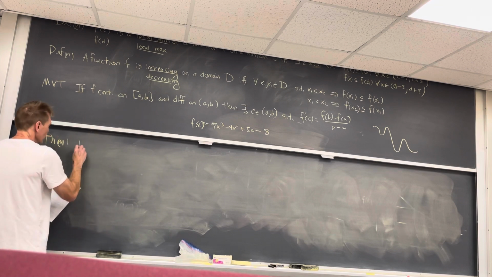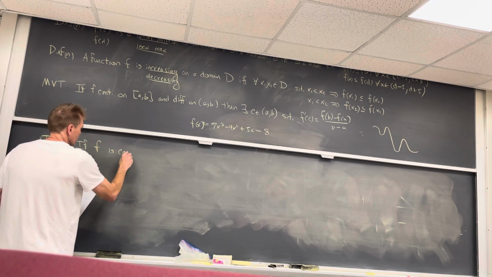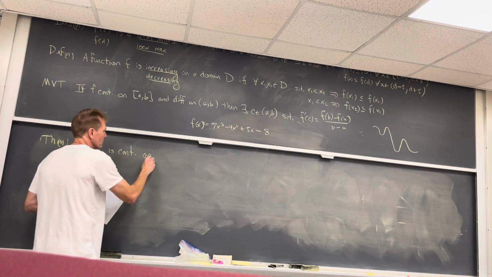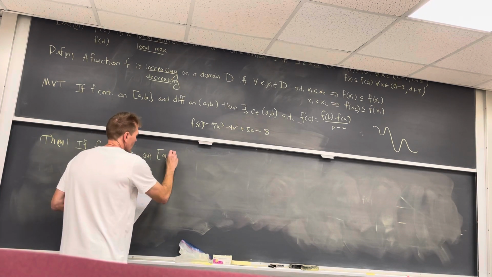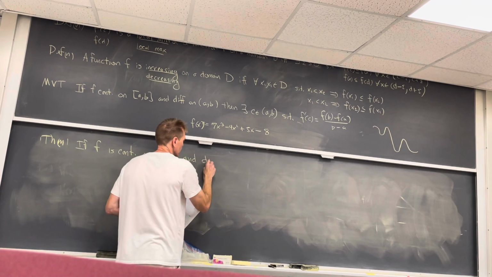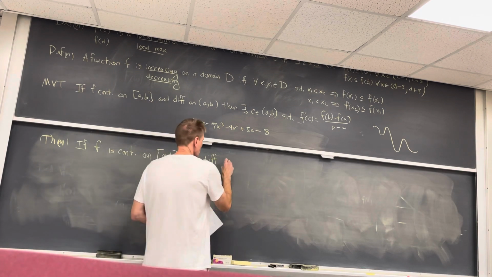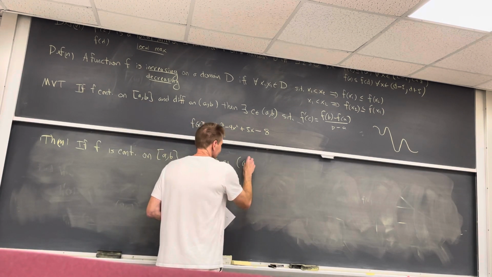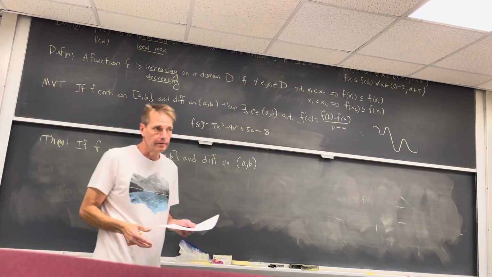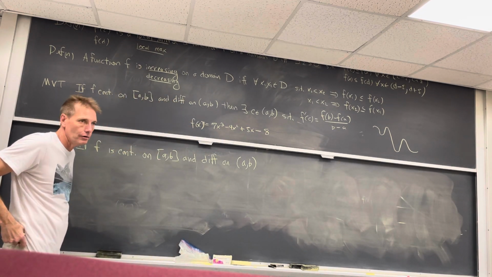Theorem: if f is continuous on the closed interval AB and differentiable on the open interval AB, and you're like, Dr. One, you're lying to me, this is the exact same thing that you wrote down.